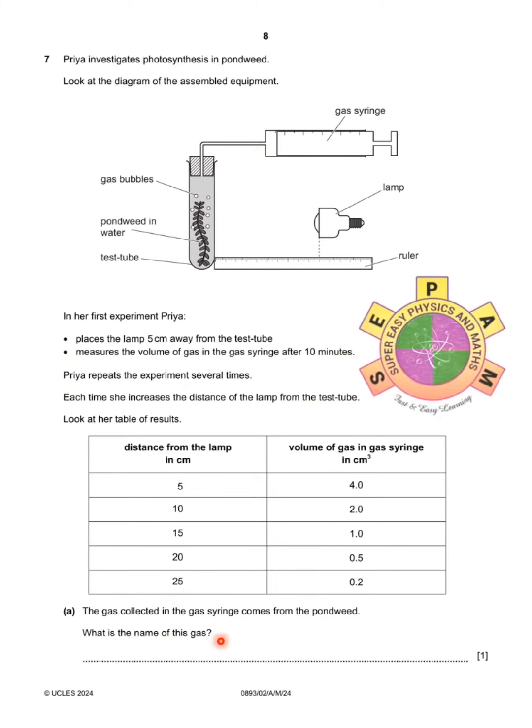What is the name of the gas? The gas is oxygen. If you look at your equation for photosynthesis, water combines with carbon dioxide to produce glucose and oxygen. So the byproduct, the gas that is released during photosynthesis, is oxygen.